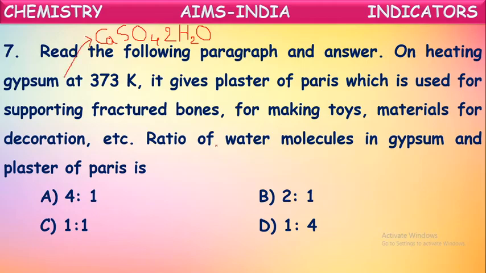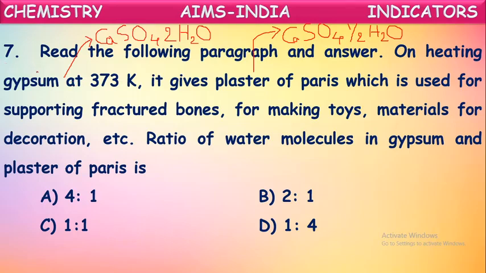In the same way, the formula of plaster of Paris is CaSO4, half H2O. Calcium sulfate hemihydrate it is called. CaSO4, half H2O, is plaster of Paris. Whereas gypsum is calcium sulfate dihydrate, means 2H2O.